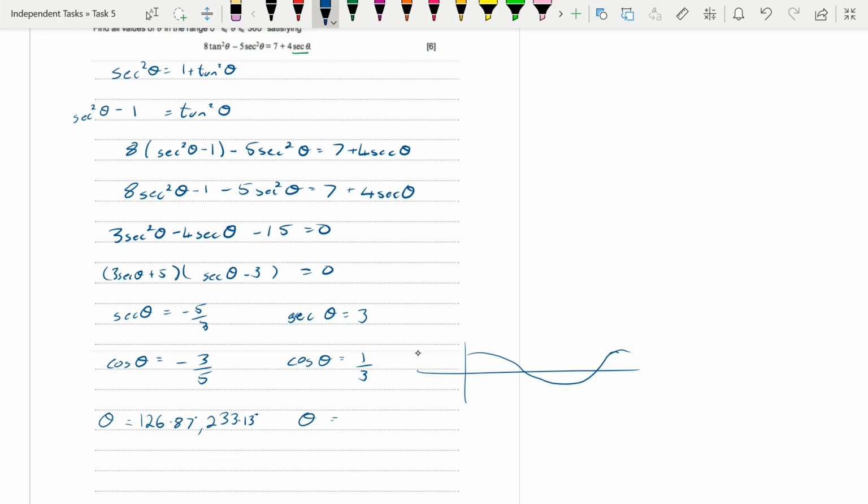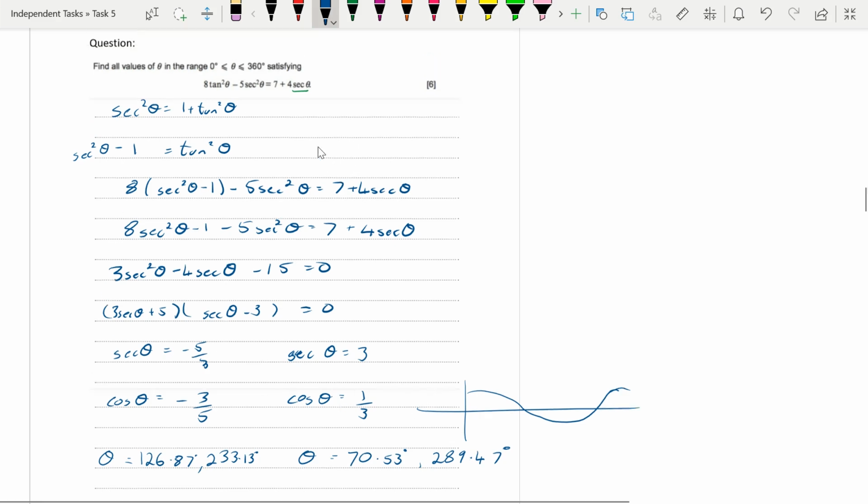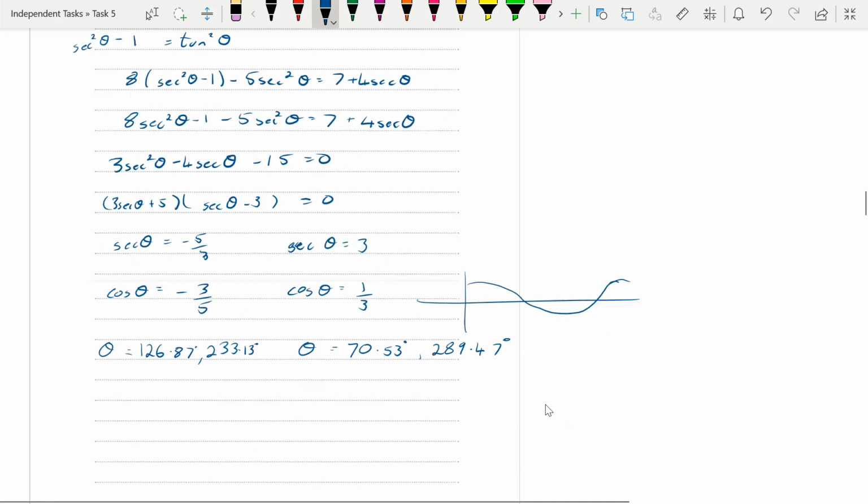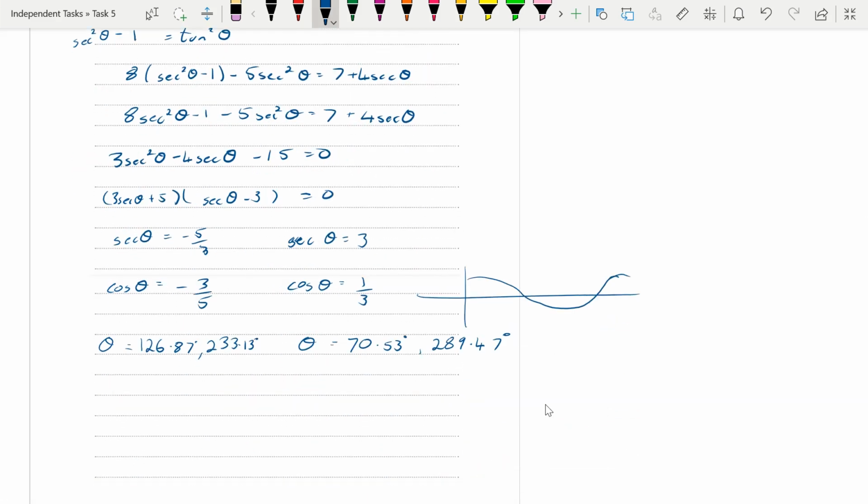And then the other version, if I do inverse cos of a third, I get 70.53. And then my other value is going to be 289.47. Okay, so there's my 4 values I get out from that. And when we get to this end bit down here, it's the exact same as we did last year. Find one, think about what range you're looking at, draw your graph, and try to find your other corresponding values.